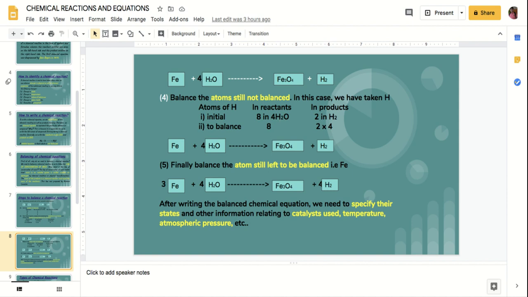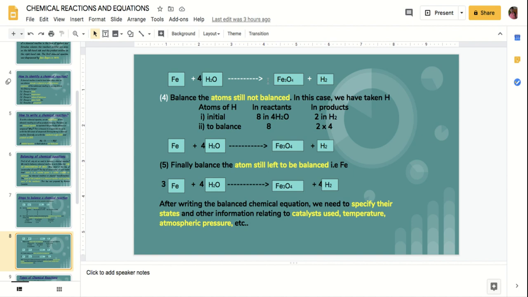Now we need to consider only the second equation, that is Fe plus 4H2O gives Fe3O4 plus H2. Here initially there are 8 hydrogen atoms in 4H2O, but on the product side there are only 2. Now what to do? 2 is an integral multiple of 8, so multiply that by 4, that will become 8. So that will be 4H2.